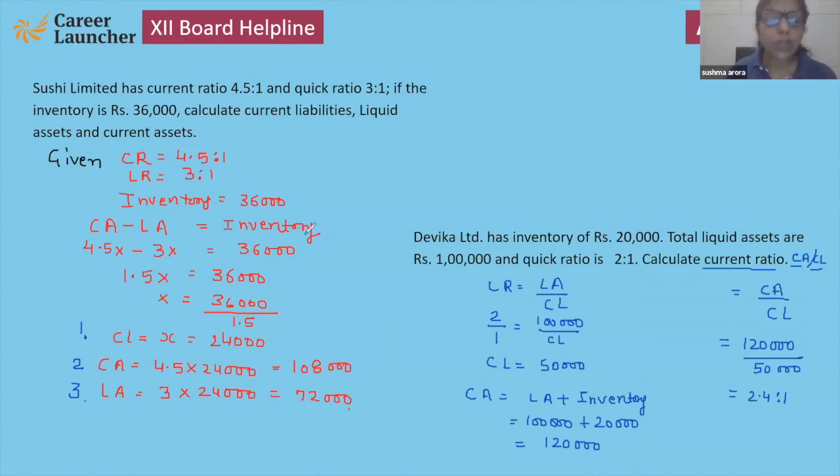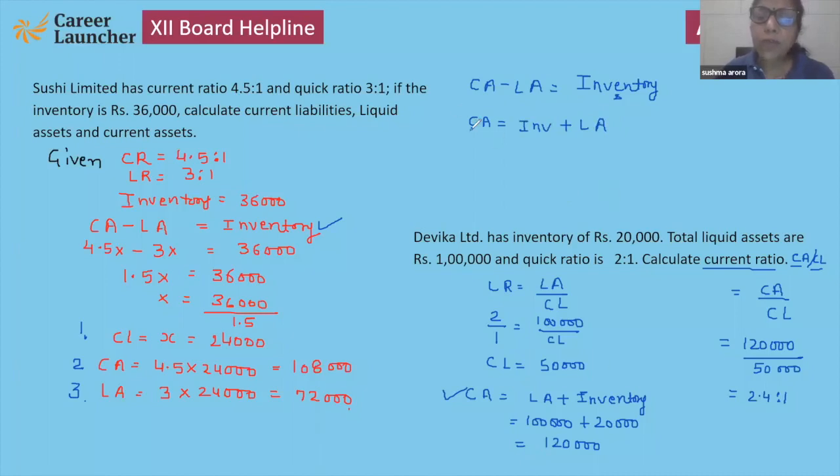See, in these two, the formula is similar, but we transpose the values. Here, CA minus LA is inventory, and here CA is equal to LA plus inventory. So just learn this formula: CA minus LA is equal to inventory and prepaid expenses. If you want to know CA, your answer will be inventory plus LA.